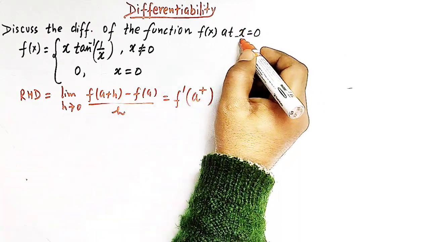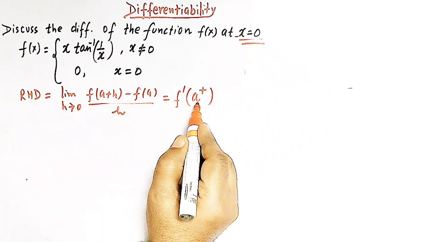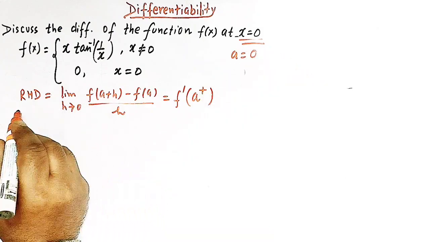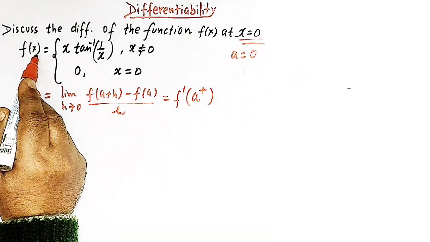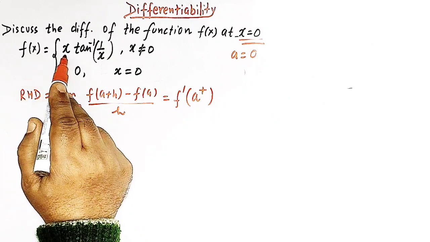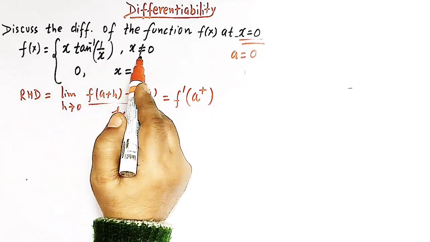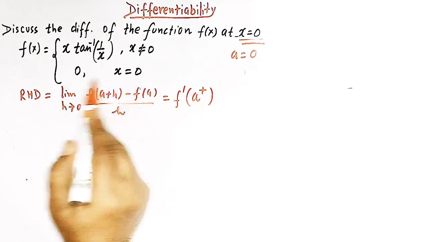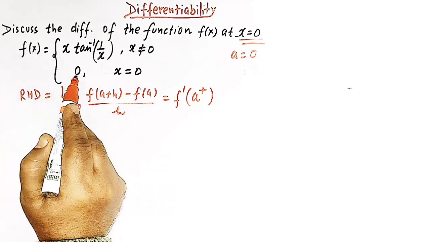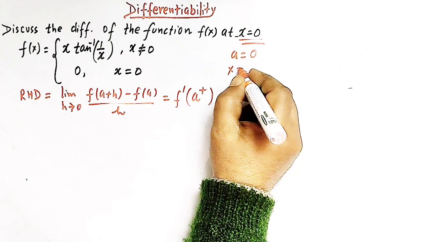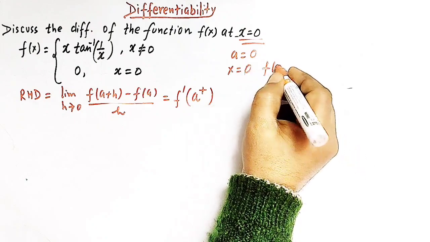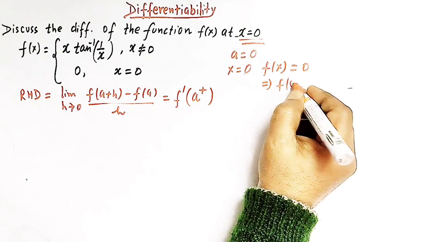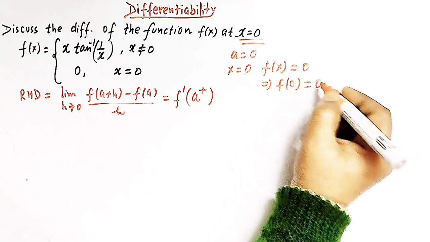So in this case the value of a is 0, so a is equal to 0, and here the function f of x is defined as x times tan inverse 1 over x for all x not equal to 0, but for x is equal to 0 we have f of x is equal to 0. So when x is equal to 0, f of x is given as 0, so this implies that f of 0 is equal to 0.